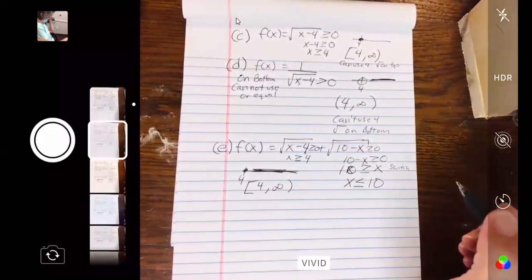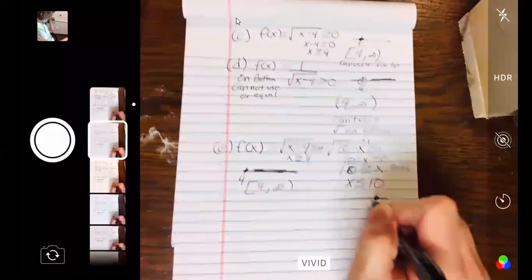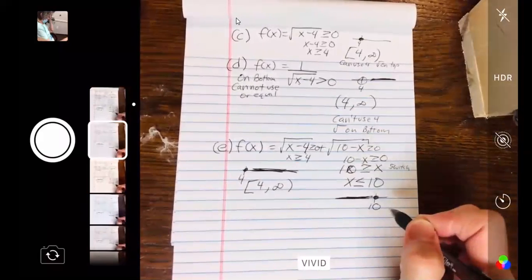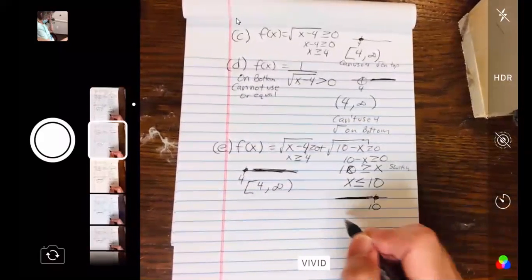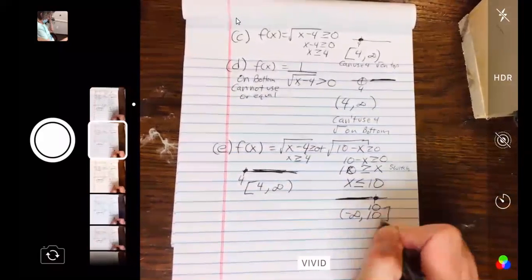That will put a closed circle at 10, but shade to its left. So it would be negative infinity, comma 10, with a bracket there.